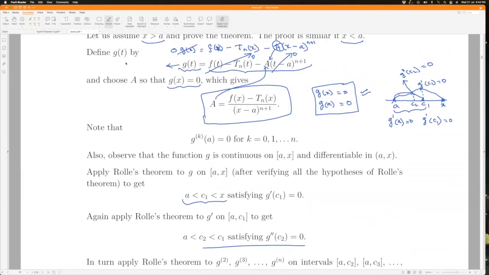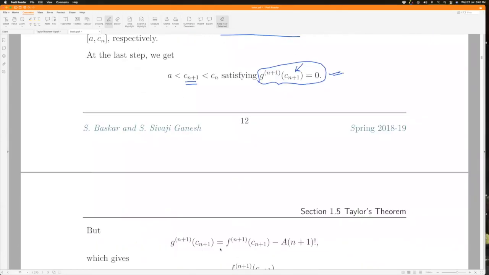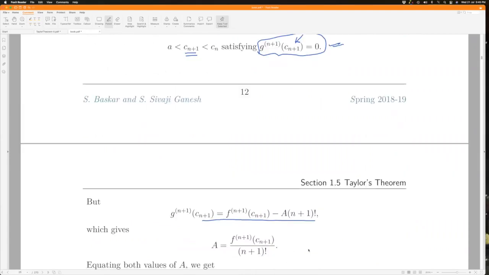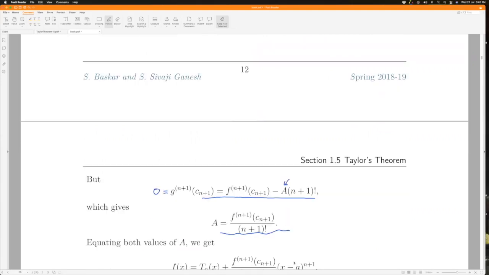You can differentiate G n plus 1 times and put t is equal to Cn plus 1, and you get this term, right? But you know that this is 0. From there, you can get A equal to this. You already know what A is.